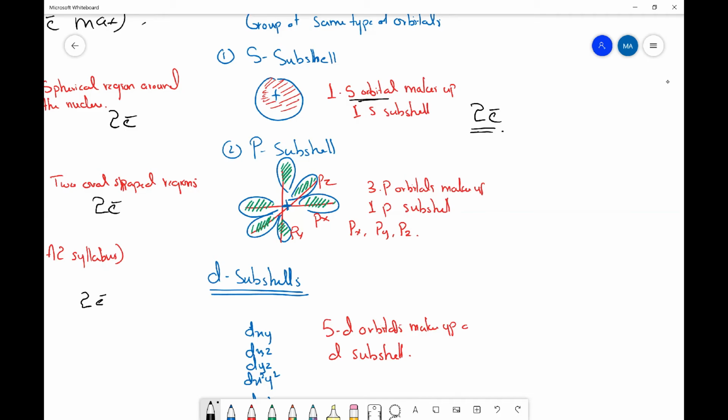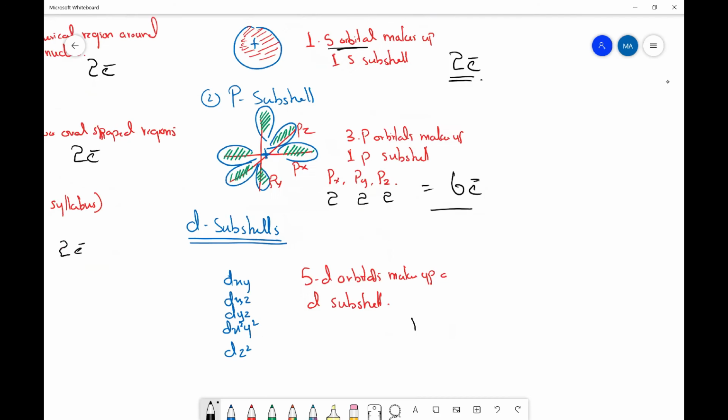So how many electrons will there be in one p subshell, Dua? 6. 6 electrons, 2 for px, 2 for py, and 2 for pz. Total of 6 electrons in a p subshell. And for a d subshell, there will be 10 electrons because 2 in each. All right, 2 each, making up 10 electrons in total. So this is what you should know, that this is how the electrons are found in these subshells.